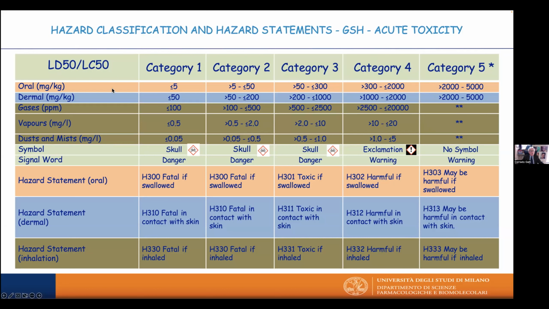So all the chemicals are classified. That can help if you have an accident somewhere, and you have boxes and bottles around on the street.